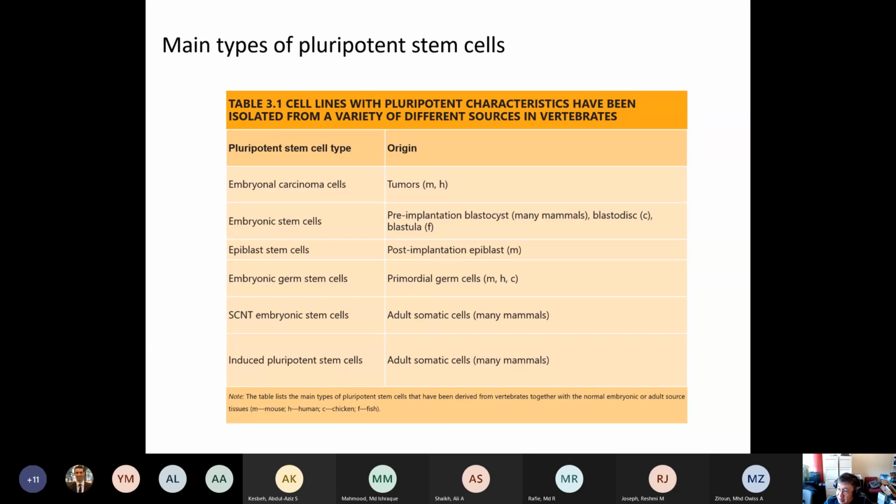But the last two cell types, one is reprogrammed through somatic cell nuclear transfer. How you do that, we're going to describe several lectures later. And lastly, you have the induced pluripotent stem cell, although we're going to discuss the details later. But probably you have heard that you put some factors into any cell.